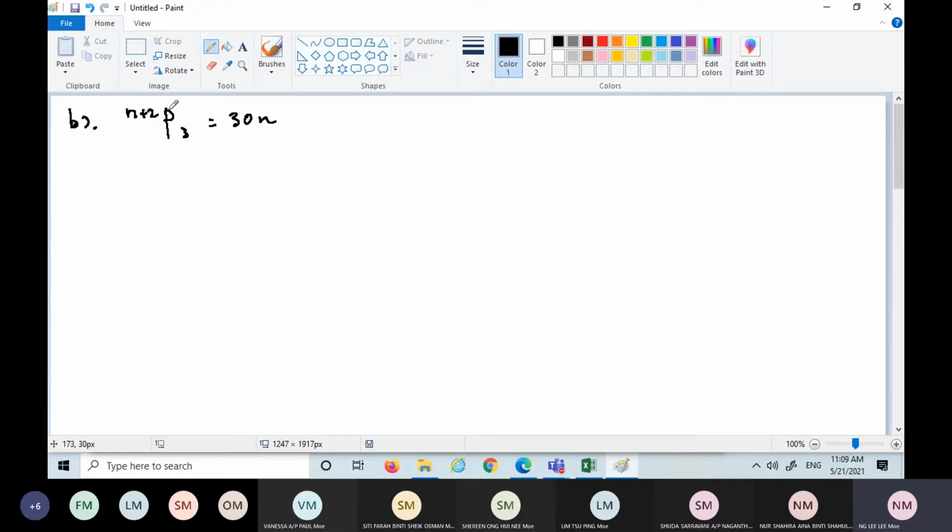So for (n+2)P3, I follow the definition. It will be (n+2) factorial divided by (n+2-3) factorial. I am referring to this formula: nPr is n factorial over (n minus r) factorial.